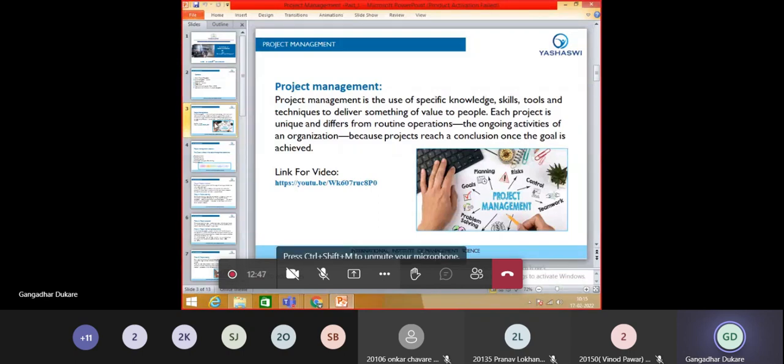Project management is nothing but the utilization of knowledge and skills converted into practical goals. These are the proper definitions of project management.